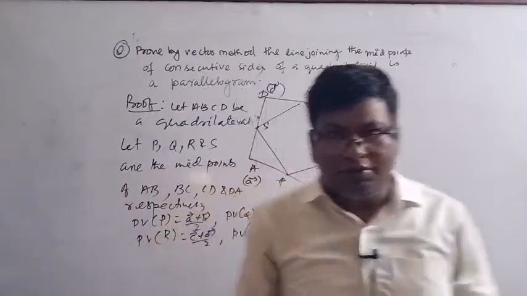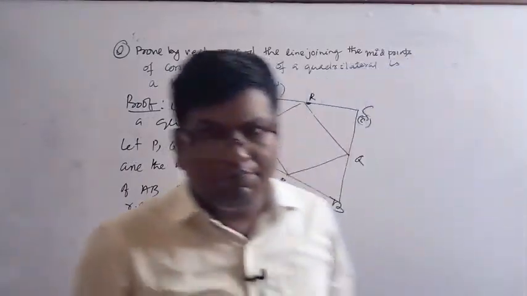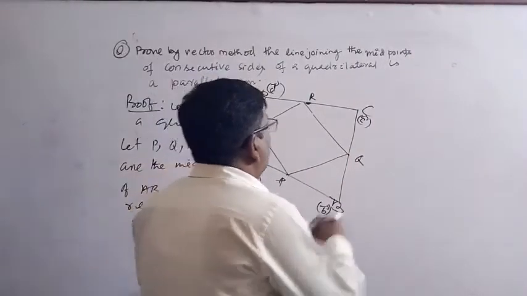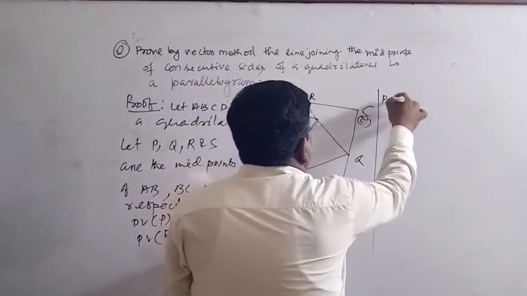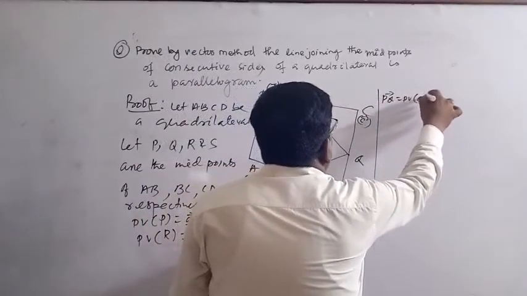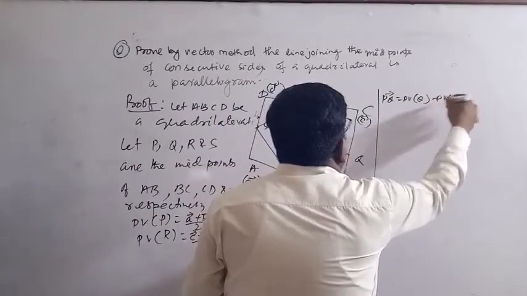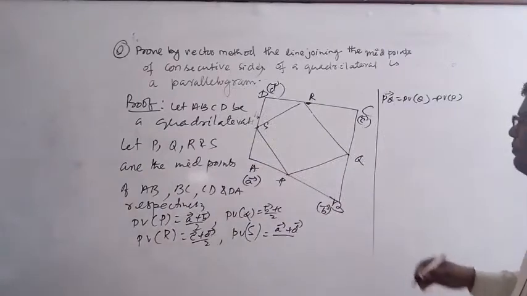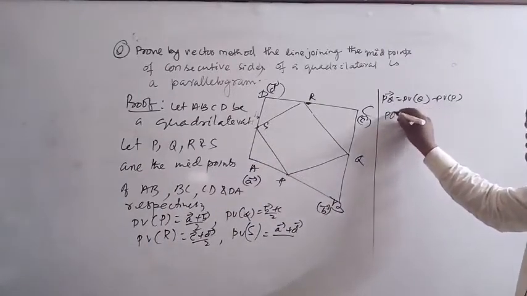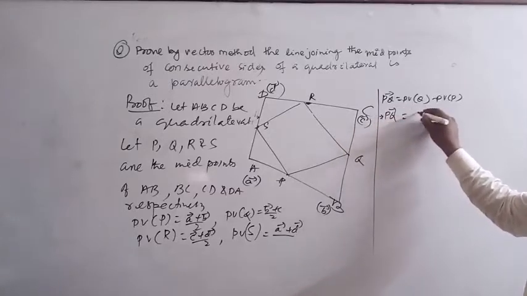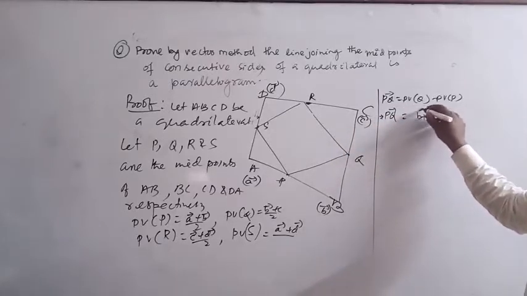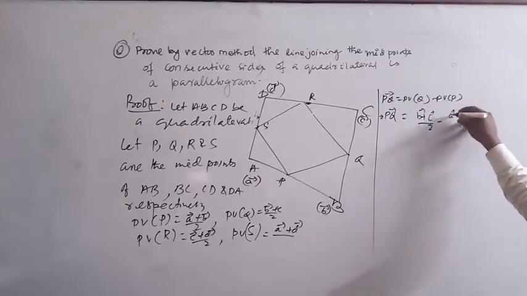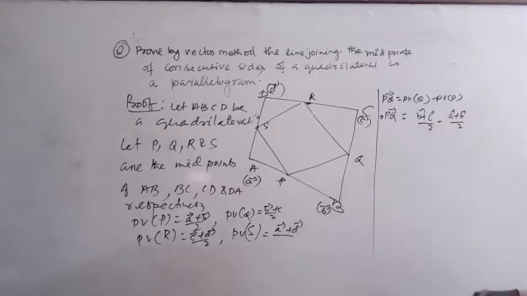Now what is PQ? PQ means PV of Q minus PV of P. PV of Q is B plus C by 2, and PV of P is A plus B by 2. So PQ is equal to B plus C by 2 minus A plus B by 2.